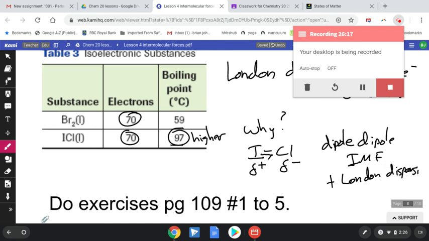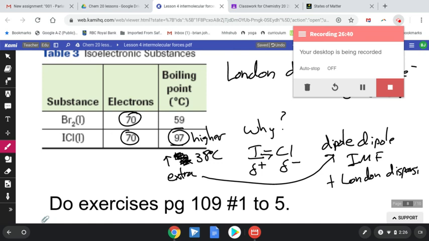So when you look at this difference, 59 to 97, we're looking at an extra 38 degrees Celsius bump. So it is 38 degrees Celsius higher, and that extra is due to the dipole-dipole forces.